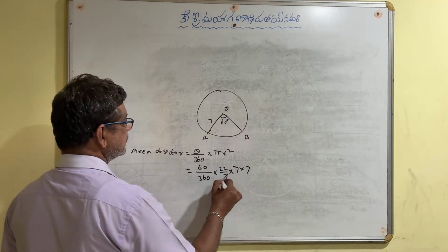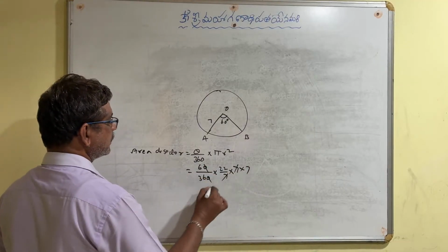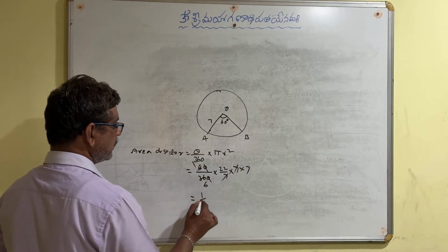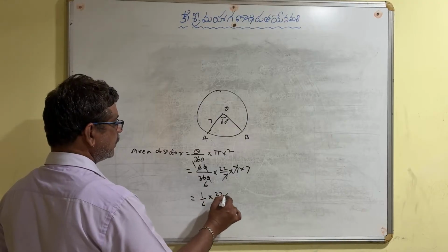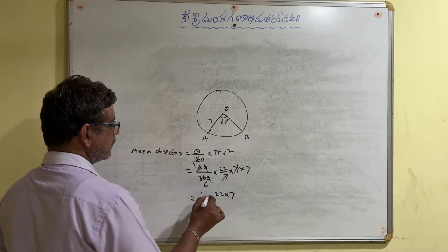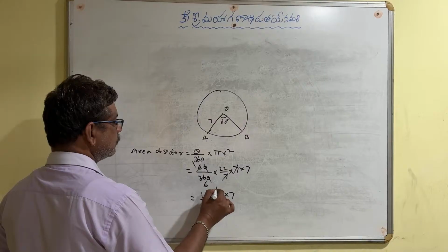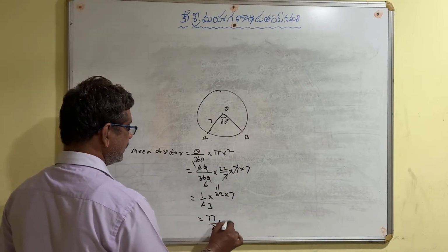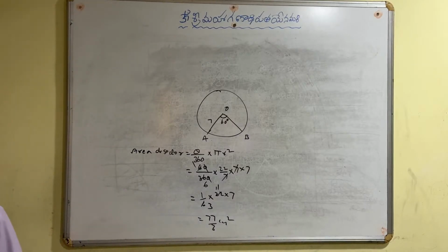Now simplify: 7 cancel, 0 cancel, 6 1s are 6, 6 2s are 12. So 1 by 6 into 22 into 7. Again 2 11s are 22, 2 3s are 6. 77 by 3 centimeter square. Area of sector is 77 by 3 centimeter square.